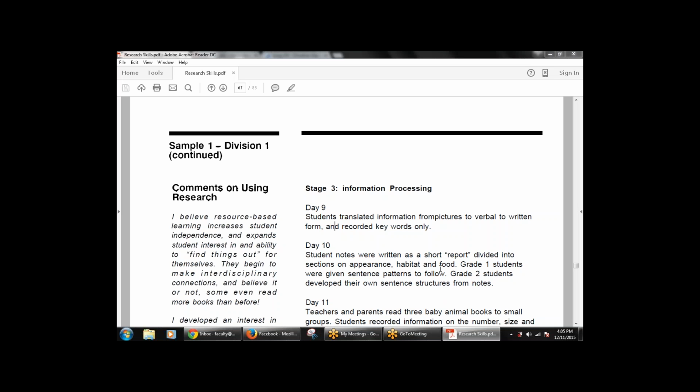So let's start with the previous class session, what we have covered in the last class, then move to today's session. That is the research skill, today's session.